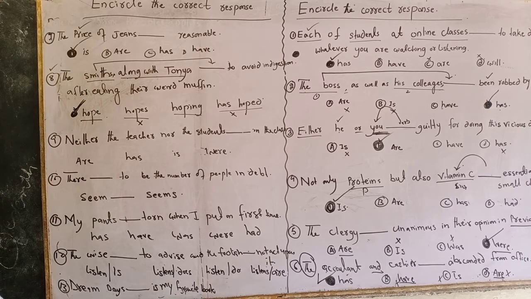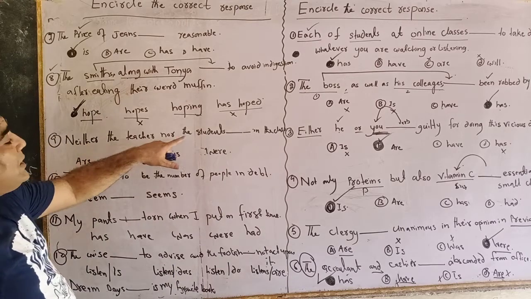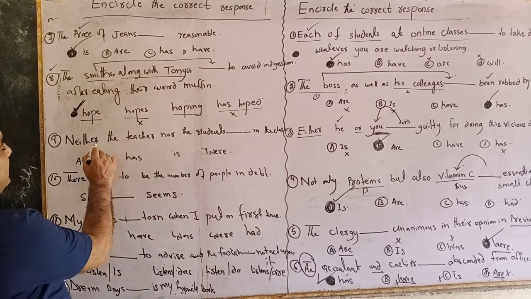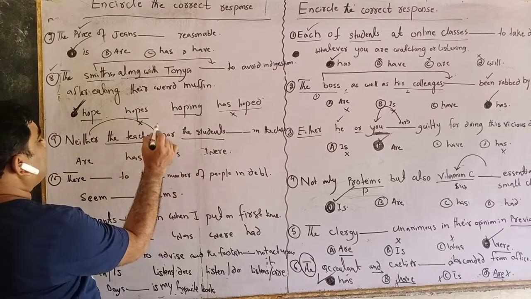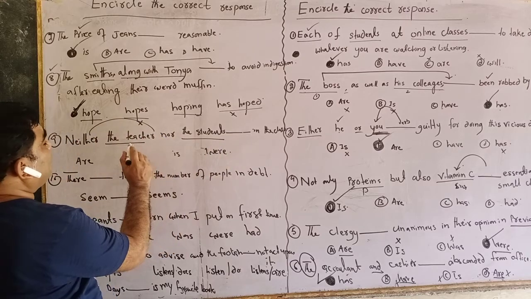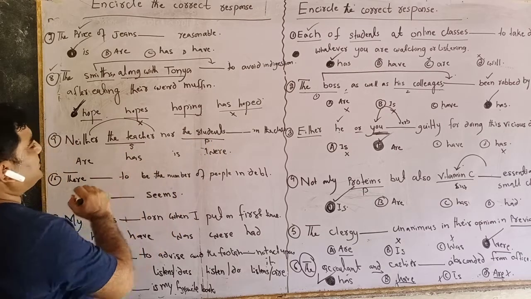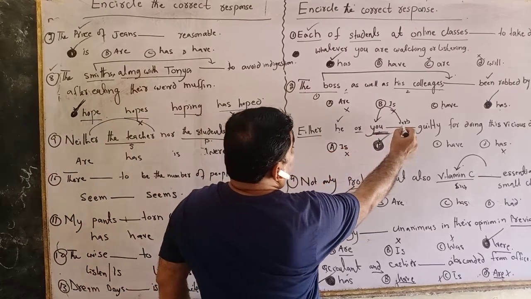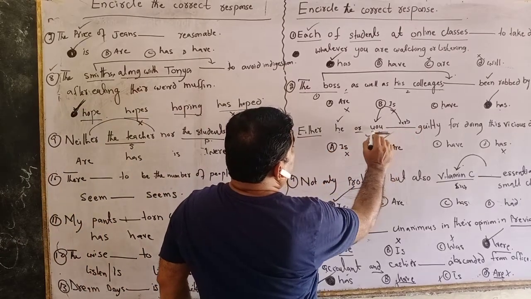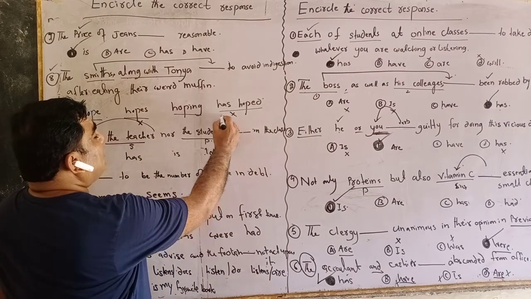Now coming to the same as it is written here: neither the teacher nor the students. See, neither and nor. Between the two there is a singular subject and a plural subject. What we have to do is the same: the verb agrees with the nearest subject.